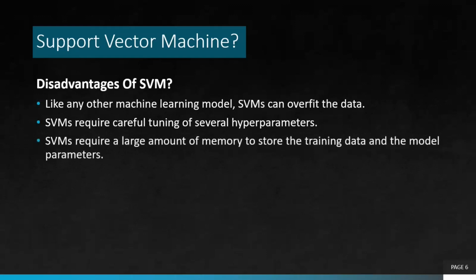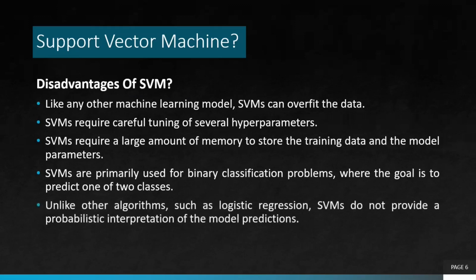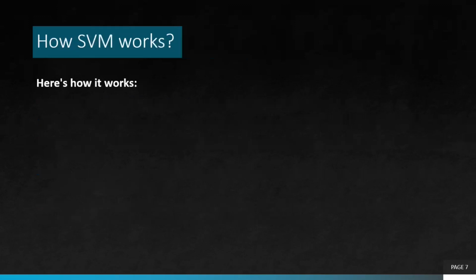SVMs require a large amount of memory to store the training data and the model parameters. They are also primarily used for binary classification problems where the goal is to predict one of two classes. Unlike other algorithms such as logistic regression, SVMs do not provide a probabilistic interpretation of the model predictions.